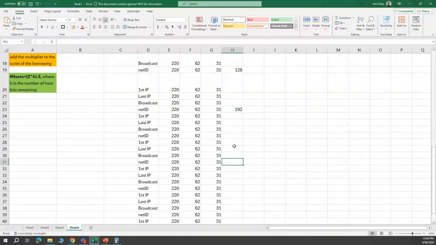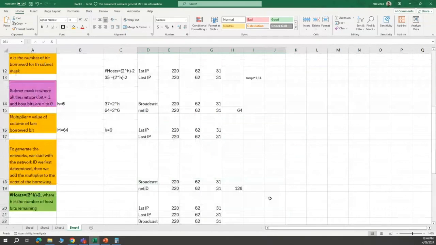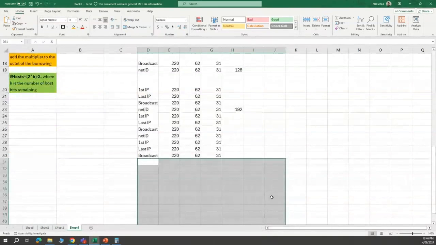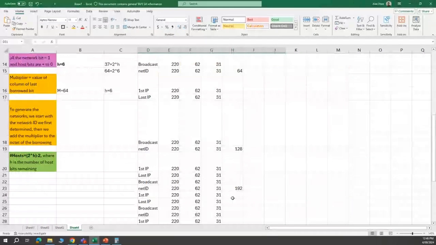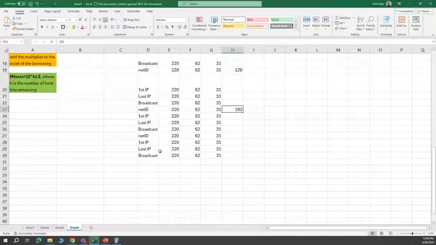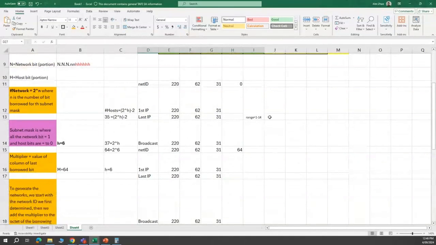If we have anything that's bigger than 255, we know that's not possible, right? So we basically stop there, and all of these networks don't exist. So really, we're going to end up with 4 networks, okay? The 0 network, the 64 network, the 128 network, and the 192 network. And all of these other ones don't exist.